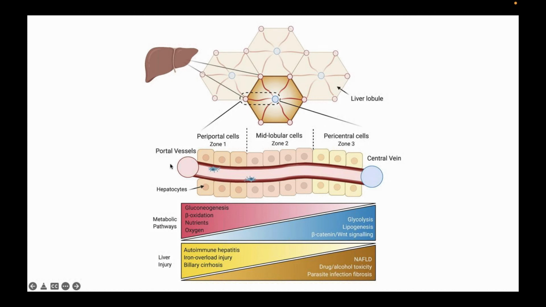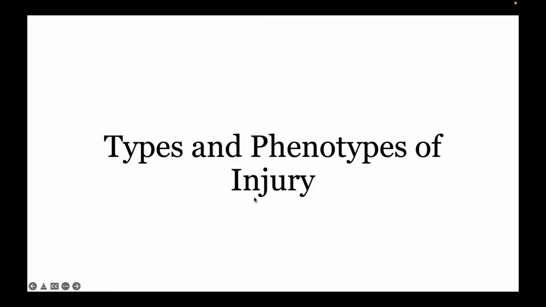The areas from the portal to the central vein are called zone 1, zone 2, and zone 3. Other people like to call it periportal, pericentral. What's important to know is that different injuries to the liver can occur at different zones, and different drugs may act at different zones. We will talk about specific examples.